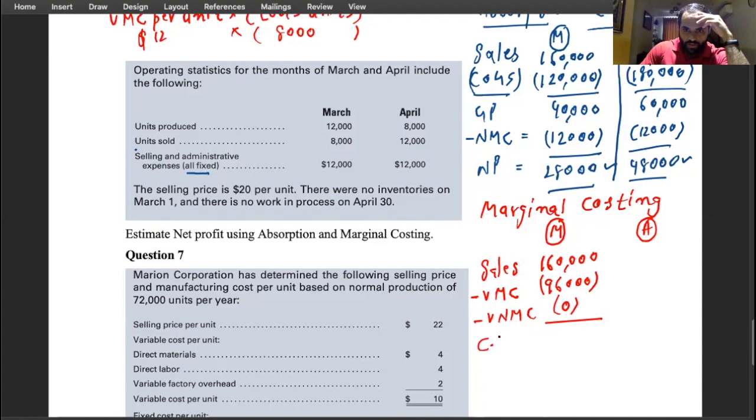So we have contribution margin. How much is contribution margin? 64, yes.